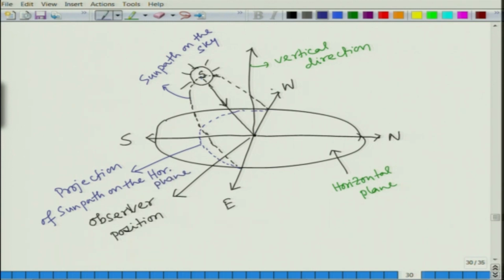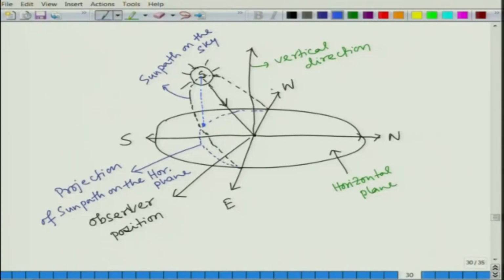Now, what can you do? If you drop a perpendicular from the sun position, you will find a point on the horizontal plane. Basically, this is the instantaneous position of the sun projected at the moment when you are looking at the sun.